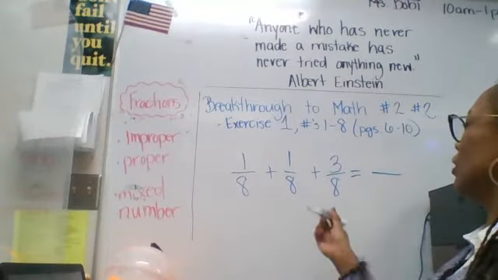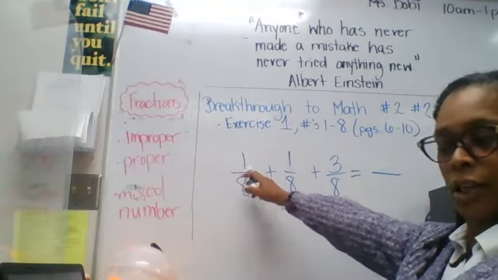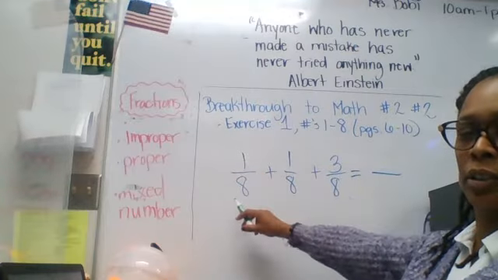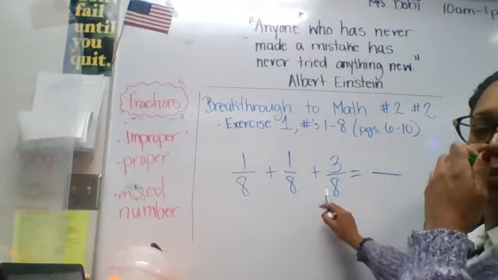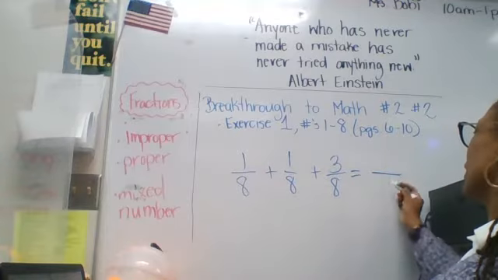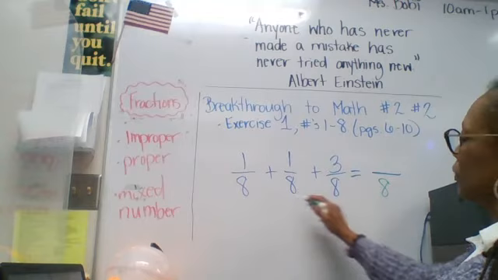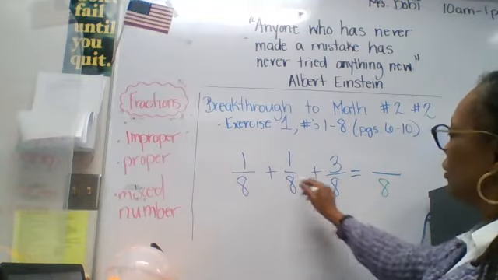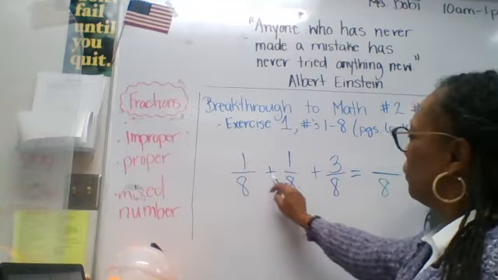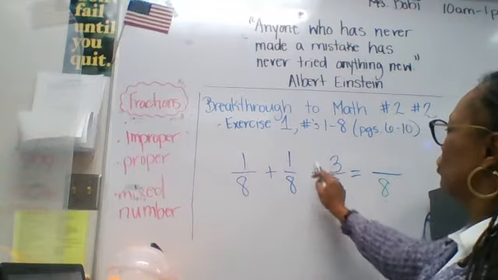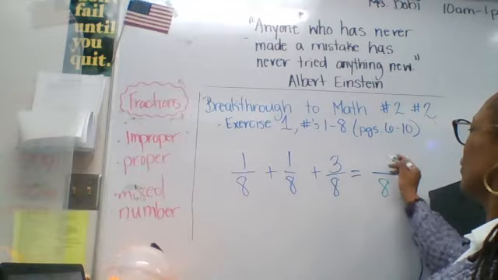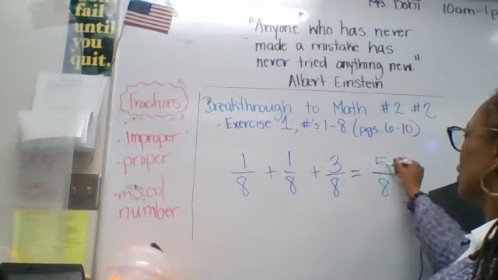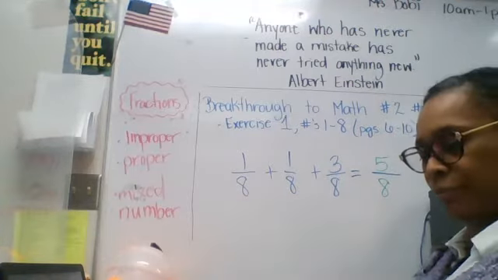We know that the top is what? The numerator. This is the denominator. But these are all the same. So we're going to just write that over here. Keep that the same. Right? And we know we're keeping this. So 1 plus 1 is 2 plus 3 is what? 5.